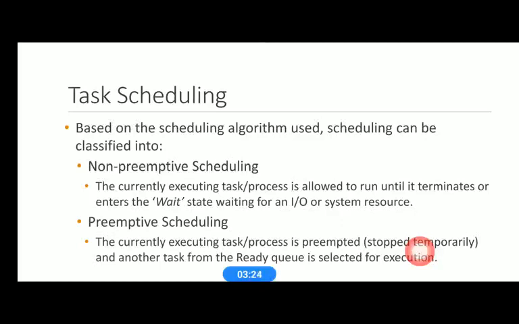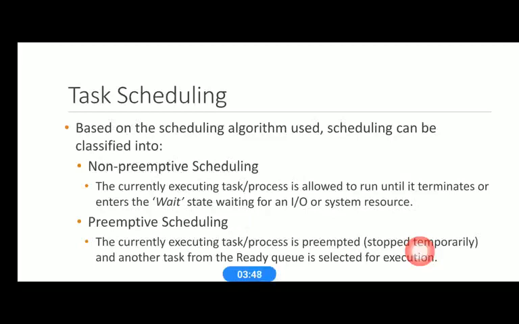What does ready queue mean here? Whenever the execution of a task or process is going on, those tasks and processes that are ready for execution are put into the ready queue. Then the scheduler goes into the ready queue and picks a task for execution.